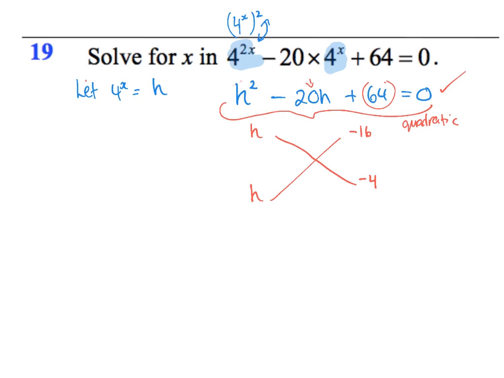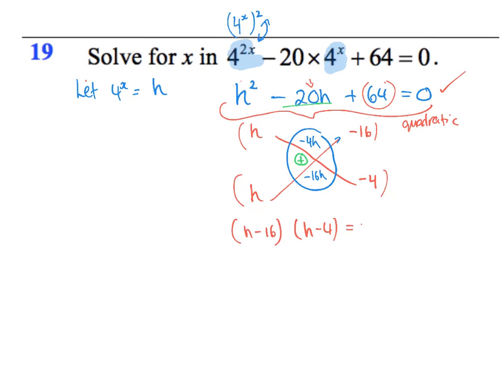And then, remember we checked. If I multiply that, that would be negative 4h. Multiply this guy, that would be negative 16h. Do they add to give this guy? Yes, they add and give that. So I know I've got the right combination. So these will become my brackets. Okay, so I've got h minus 16 and h minus 4 equals 0.